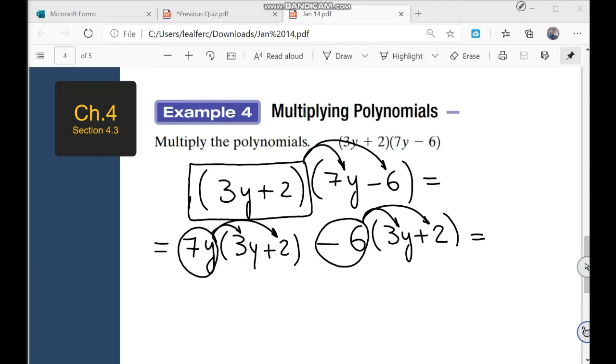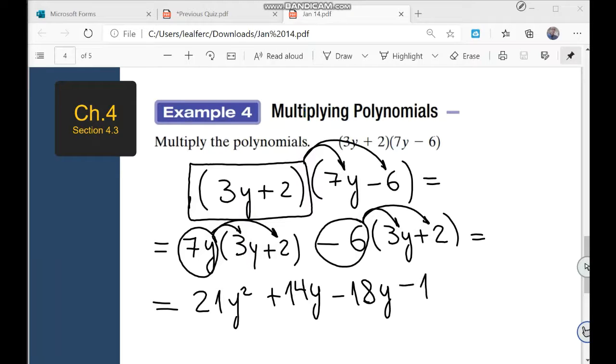Right? And we will have, as a result, 7y times 3y, 21y squared, 7y times 2, 14y, negative 6 times 3y, negative 18y, and negative 6 times 2, negative 12. See? We can combine like terms, and then we're going to have the final answer.